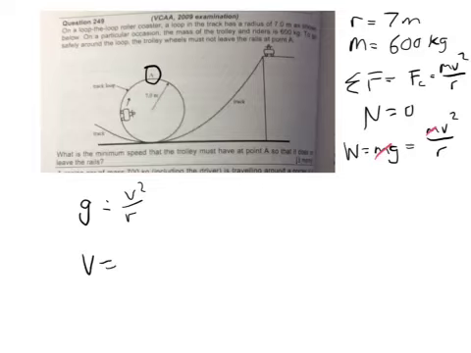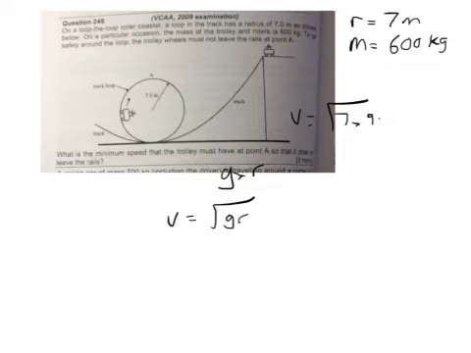So our weight force, which is equal to mass times gravity, has to equal the centripetal force, mv squared over r. Here we can cancel out our masses, which just leaves us with g equals v squared on r. We want to find the velocity, so rearranging, v squared is equal to g times r, and we take the square root of that to get the square root of gr.